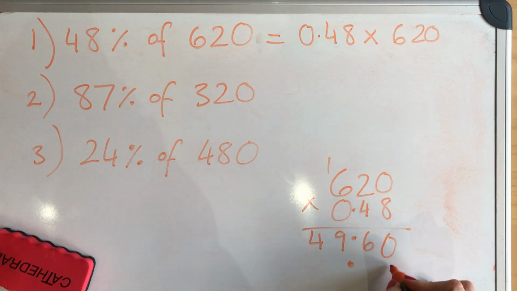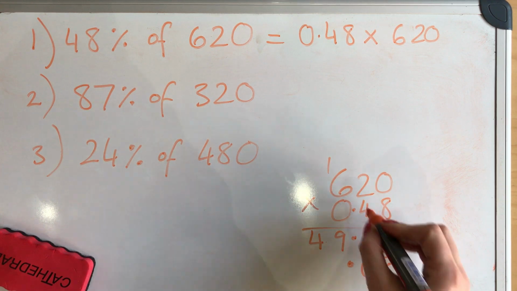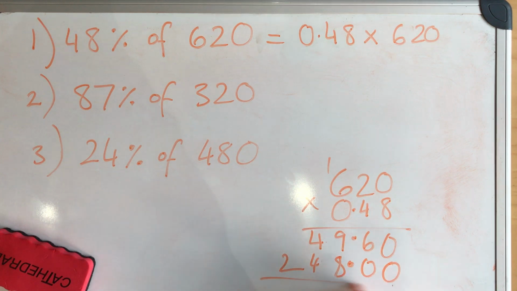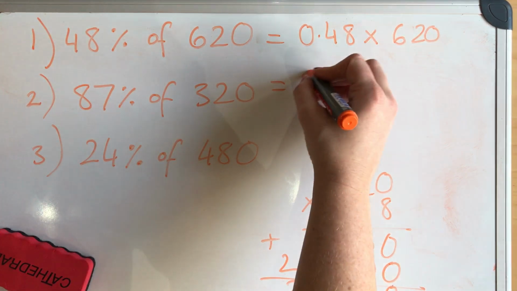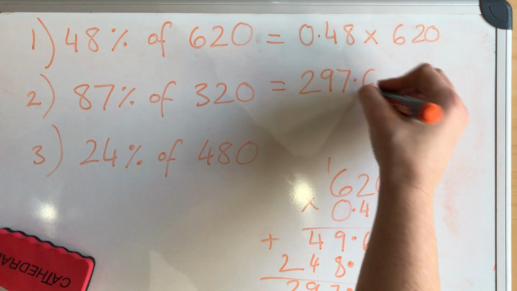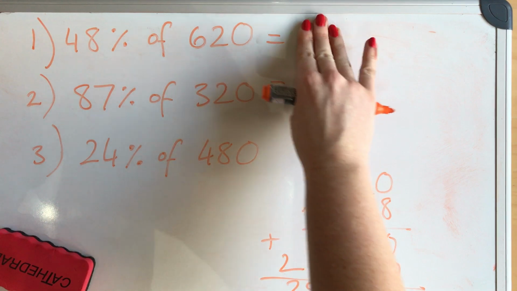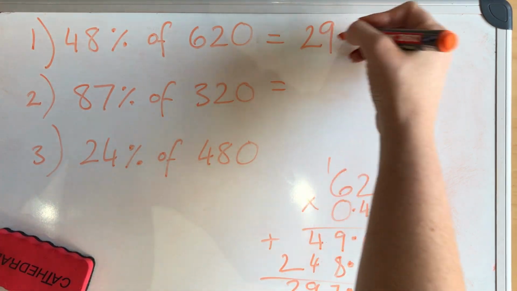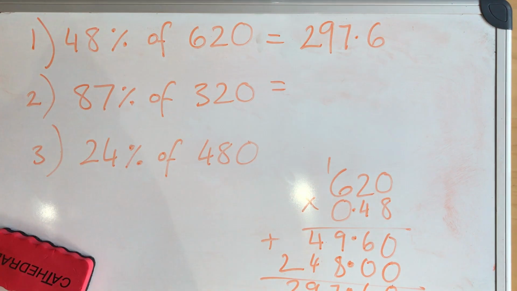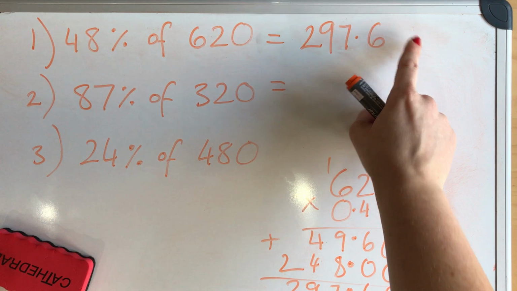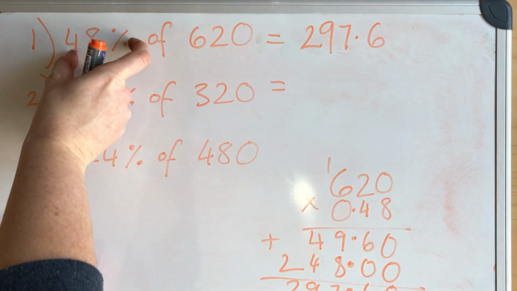Put my 0 in. 0, 8, 6, 12, 24. So that will give me 297.6. Oops, I've done it in the wrong line. 297.6. Make sure not to have a percentage sign on the end because it doesn't need a percentage. This is the only one with a percentage sign.